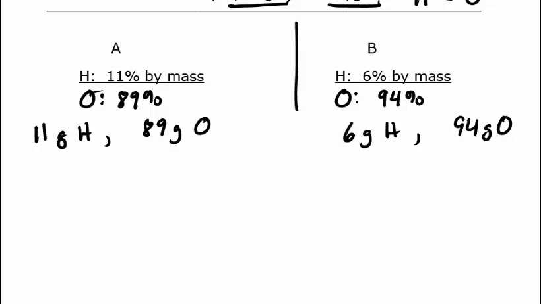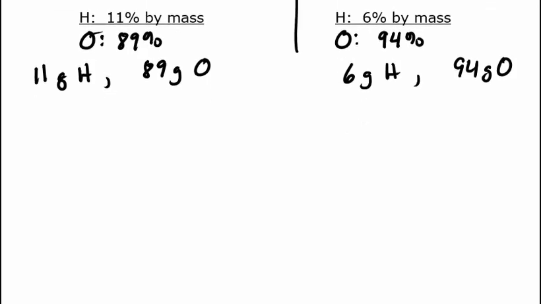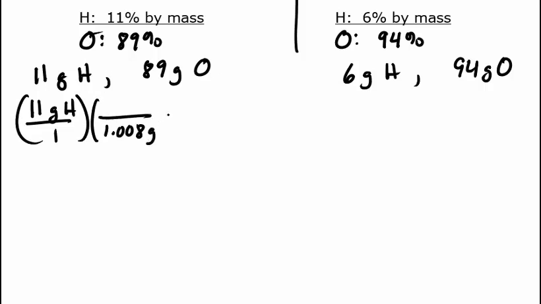All right, to convert each of those into moles, because the empirical formula is a mole ratio. So we'll start with hydrogen, 11 grams of H. Molar mass of H is about 1.008.